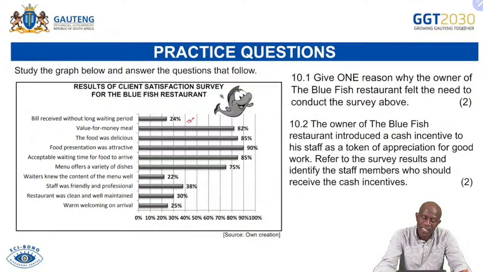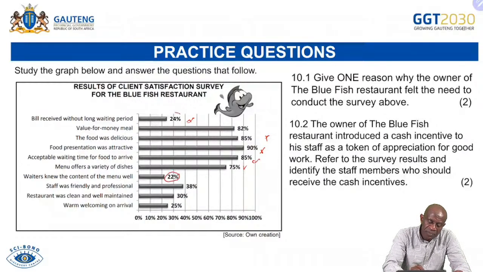The food was delicious at 85%, and at 90%, the food presentation was attractive. At 85%, acceptable waiting time for food to arrive, so they did not spend a long time waiting for the meal to be placed on their table. Menu offers a variety of dishes, not bad, it's at 75. Waiter knew the content of the menu well, so the knowledge of the menu was a problem. It was rated 22%.